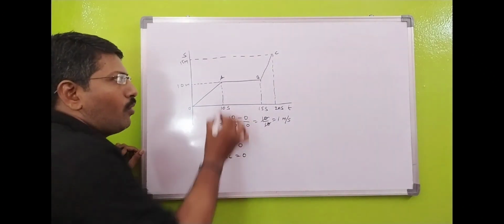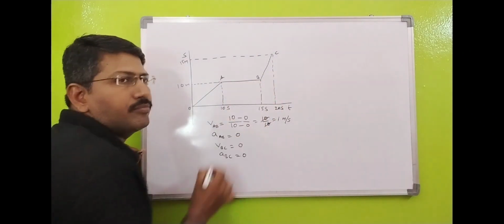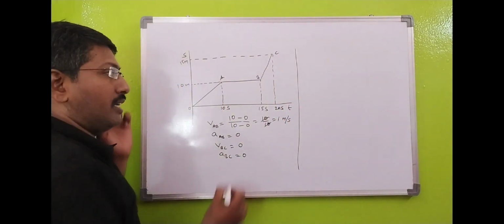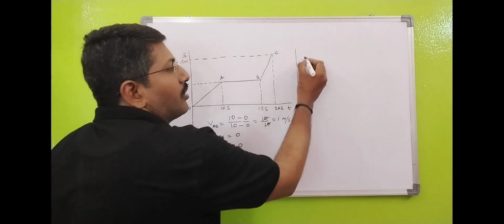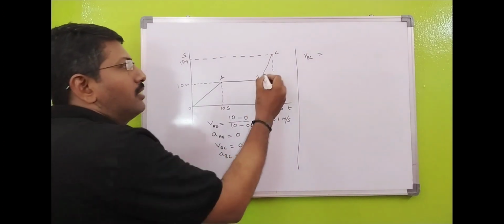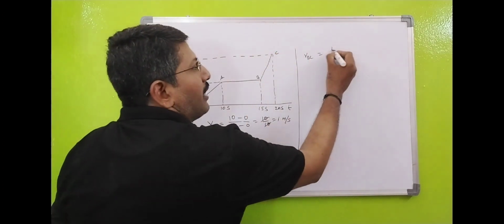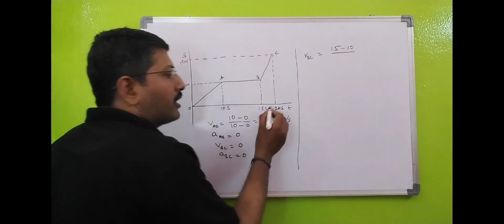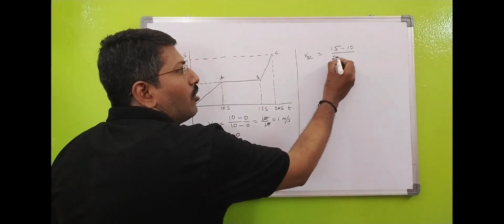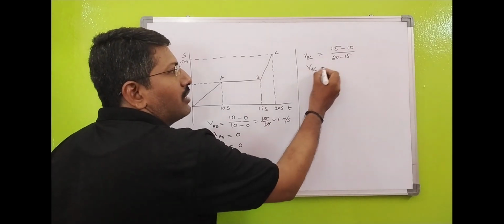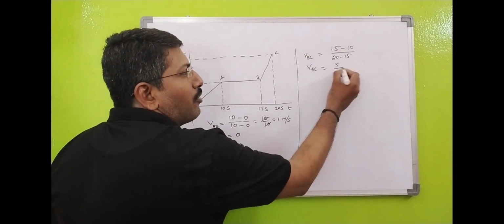Next, one more application here, velocity of BC. What about the slope here? The higher value is 15 and the lower value is 10. Next here, 20 minus 15. If you subtract this value, BC is equal to 5 by 5, that equals 1 meter per second.